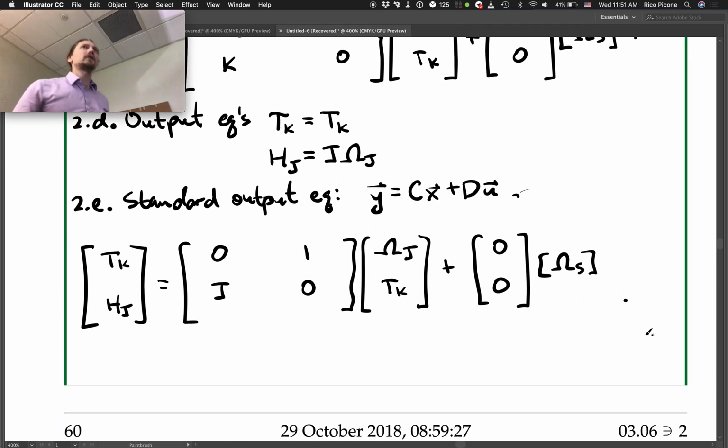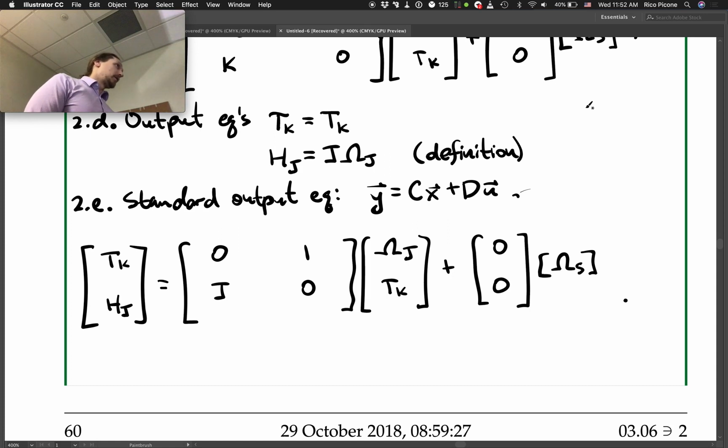Okay, any questions? Yes? Your output equations, Tk equals and HJ equals J omega J. Was the J omega J just a known something? This is just definition. One way to define angular momentum is the product of the moment of inertia and the angular velocity.